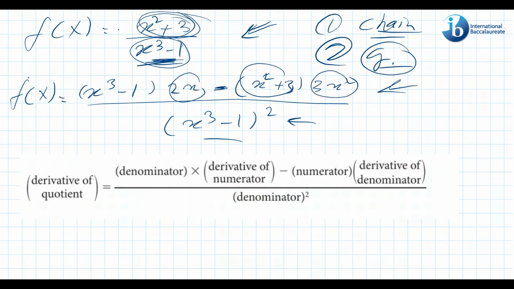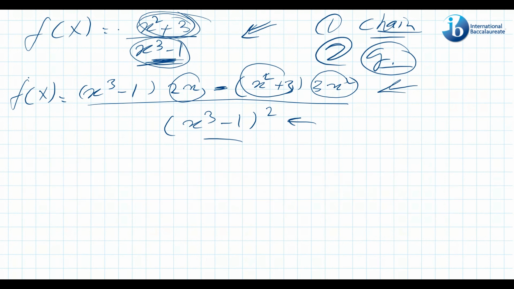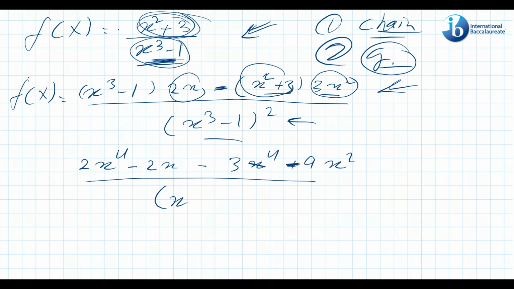Let me make it better than that. 2x times x cubed becomes 2x power 4 minus 2x, minus, then I'll multiply these two values: 3x squared times x squared becomes 3x power 4, and 3x squared times 3 becomes 9, but in this scenario becomes negative 9x squared. Got it? Over x cubed minus 1 all to the power 2.